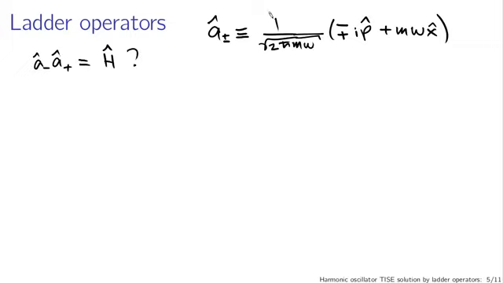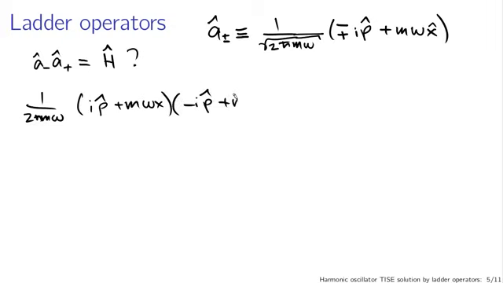We have two a's being multiplied together, so we're going to have a 1 over 2 h bar m omega out front, and then we're going to have I p hat plus m omega x times minus I p hat plus m omega x. Once again, hats on the x's if you prefer. So far, we've just written down our operators in order.